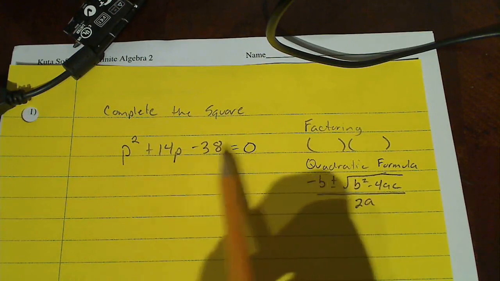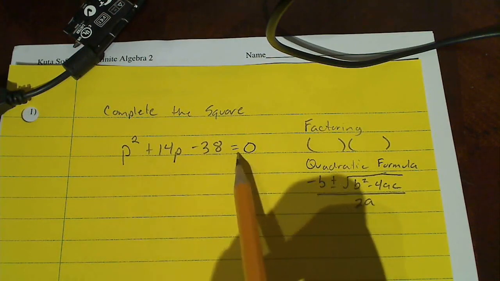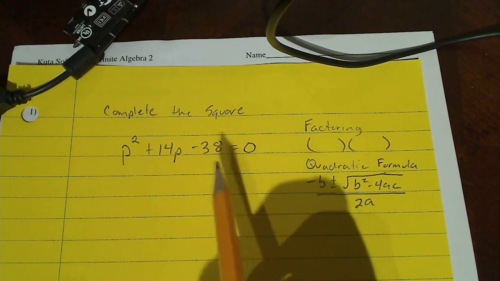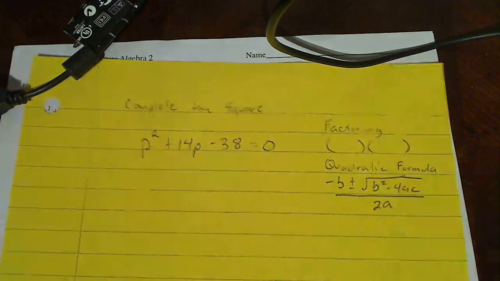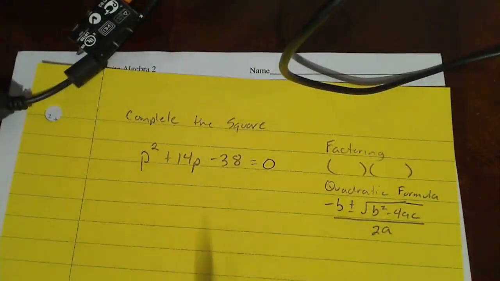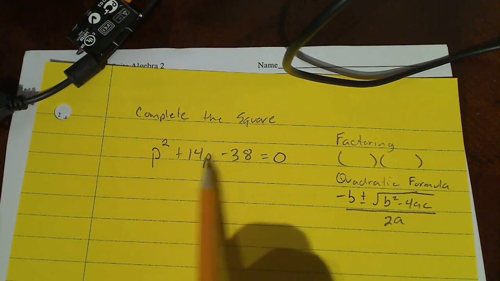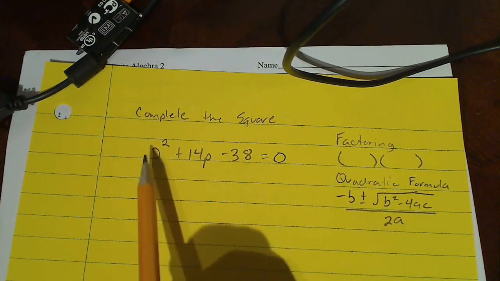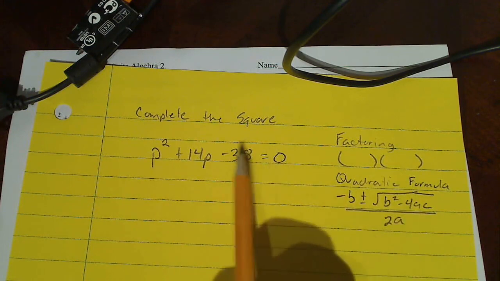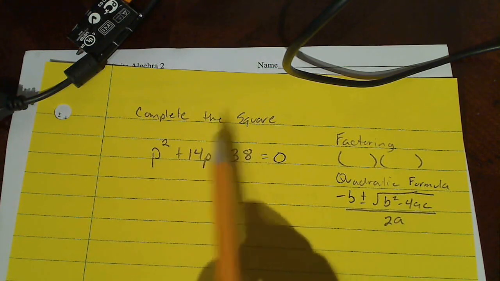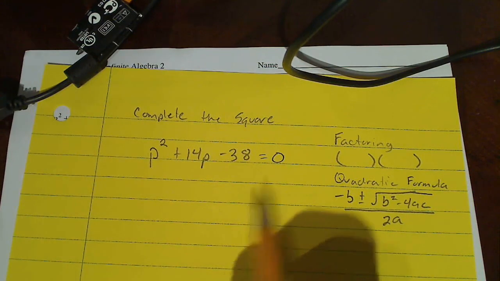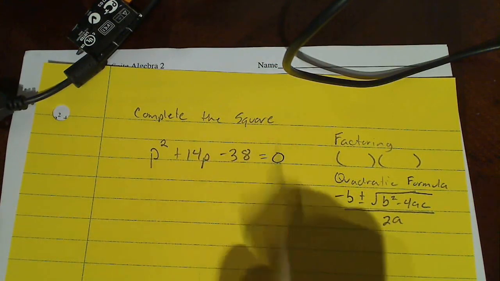It's not going to be factorable when you try to figure out two factors that, if you multiply them together, will give you this particular quadratic. And so instead we use a method called completing the square.